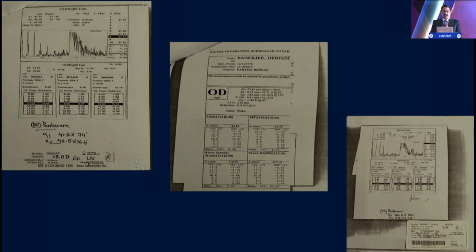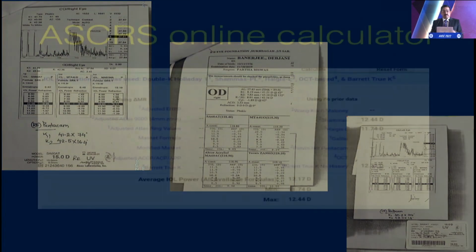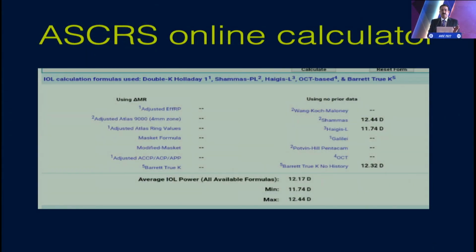So we evaluated, and we took the Pentacam readings, the flattest of the K readings, and calculated. But on-table retinoscopy provided us the final biometry, the final IOL power calculation, and we implanted a 15 diopter lens.